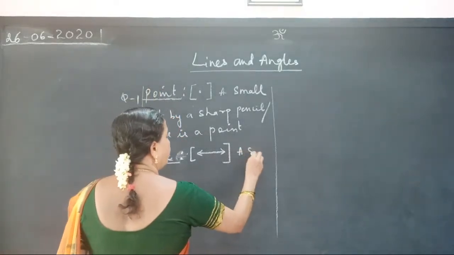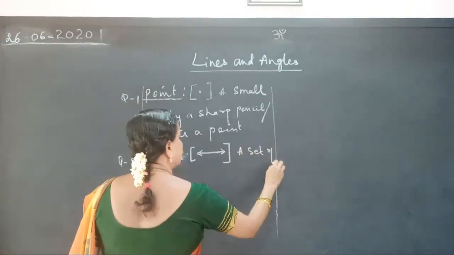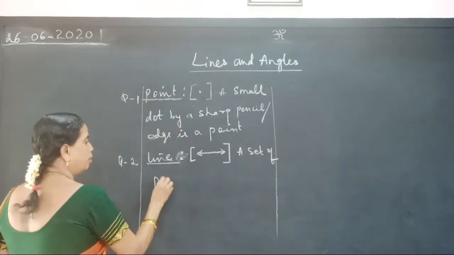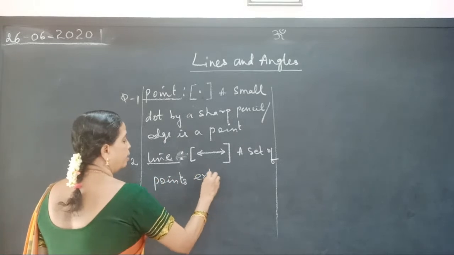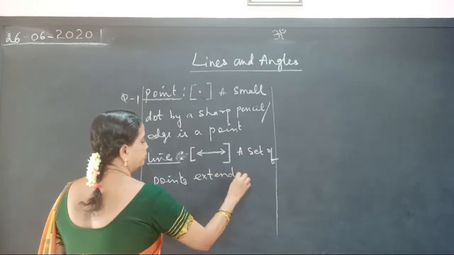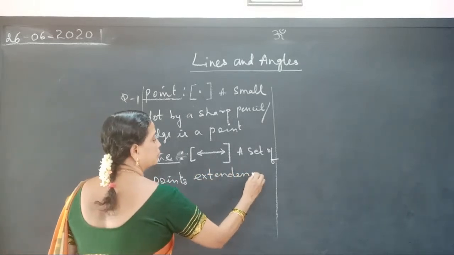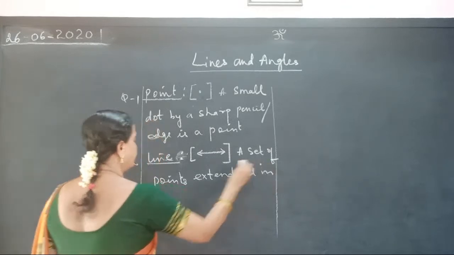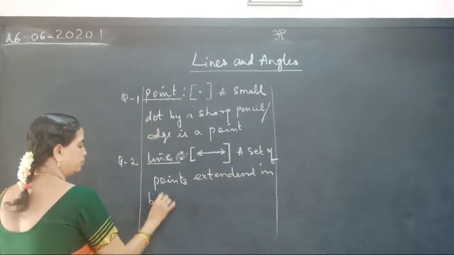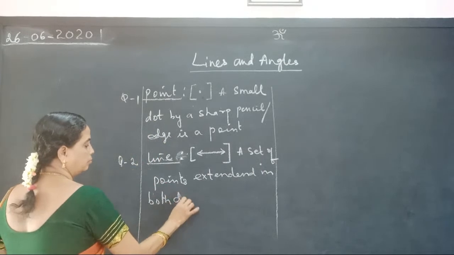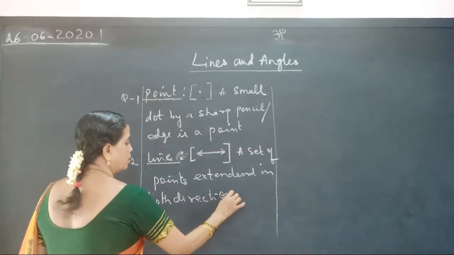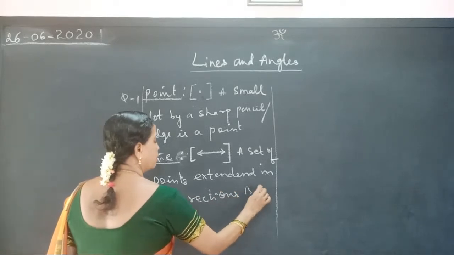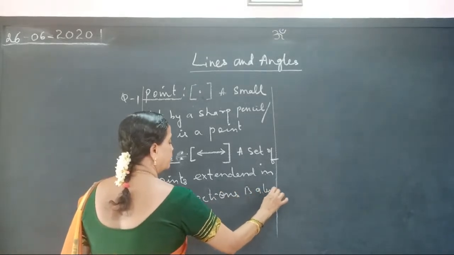A set of points extended in both directions is a line.